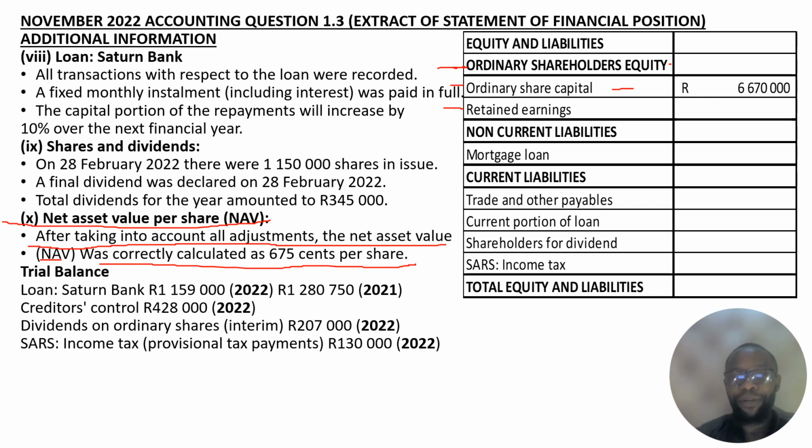The net asset value is one of your ratios, where you take your total equity and divide by the number of shares.